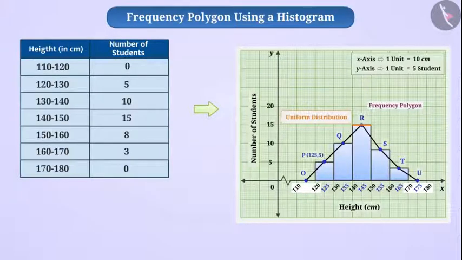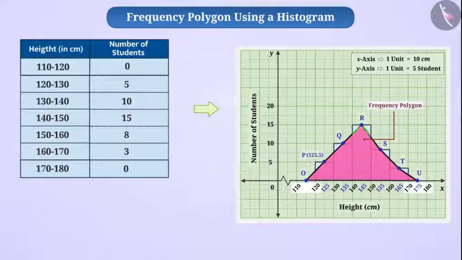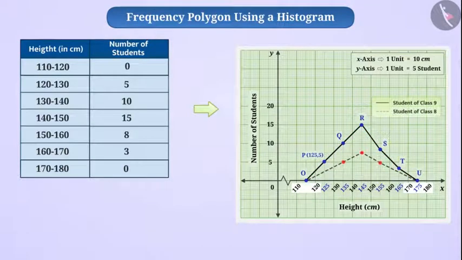In a frequency polygon, the height of different points in a class interval is not fixed, which means that a frequency polygon does not have uniform distribution of frequencies. In this way, with the help of frequency polygons, we can find an increase or decrease in frequency, that is, trend. Similarly, frequency polygons also help in comparing two different figures of similar nature.